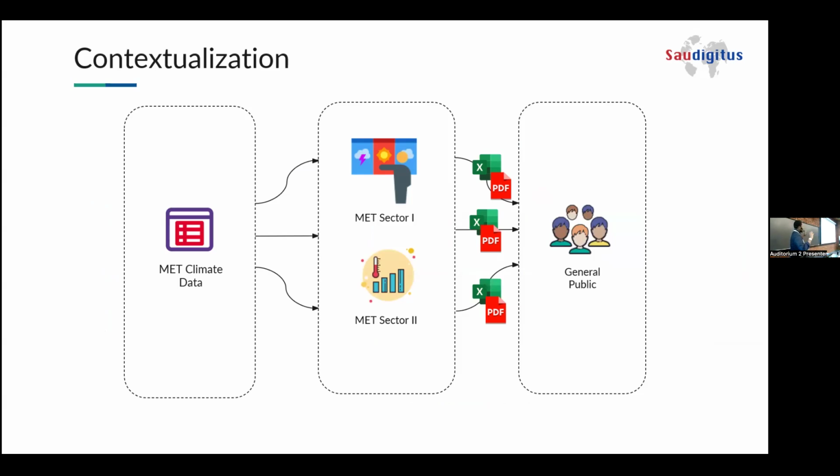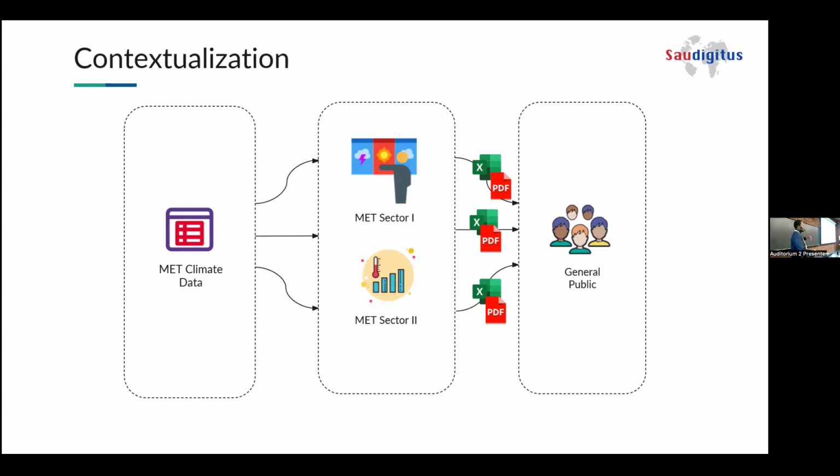This is a very top level overview of how they work within the MET. They have the climate data sources. They have different sectors within the MET: observation, weather forecasting, climate forecasting, all of these different sectors, and they produce their own information.